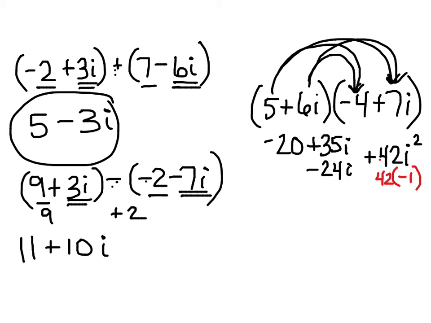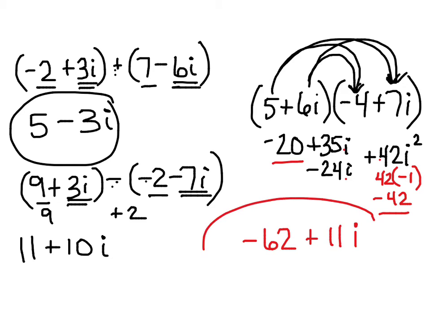Negative 42. So then what's negative 20 minus 42? Negative 62. Good. What's 35i minus 24i? 11i. Now it's number 9.